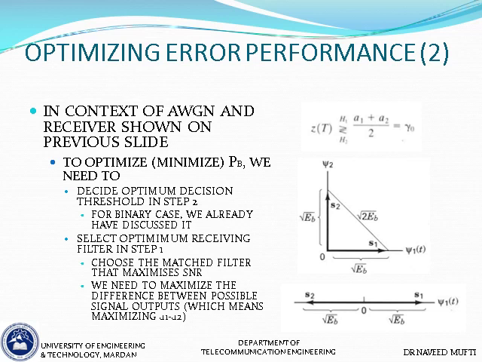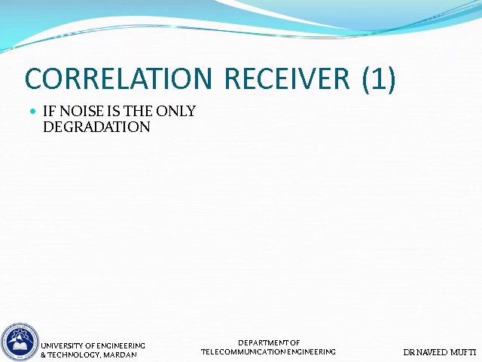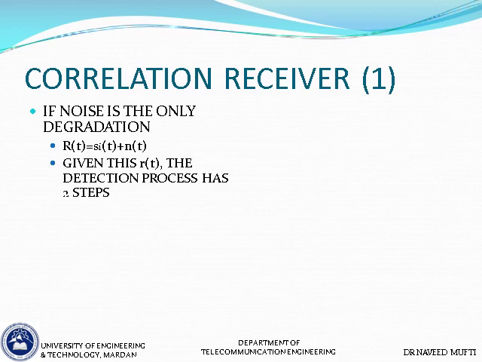So if noise is the only degradation, we know that our received signal is basically our transmitted waveform combined with noise. Given this r(t), our detection process has two steps, as we know, this and this. In step 1, our received waveform is reduced to z(T).